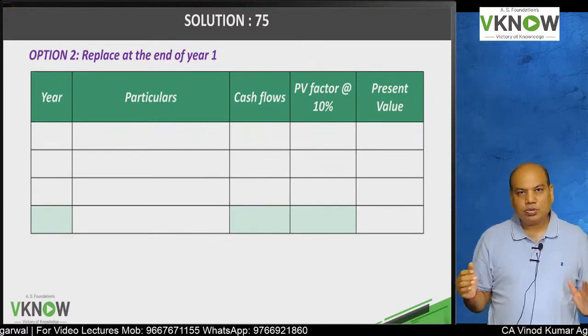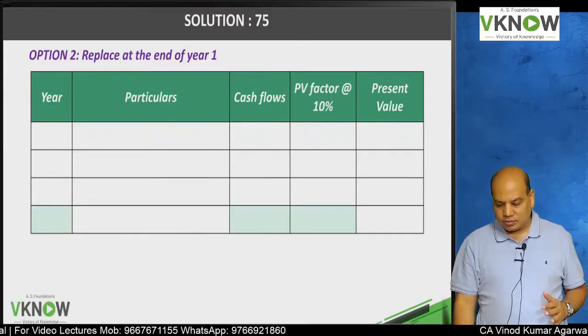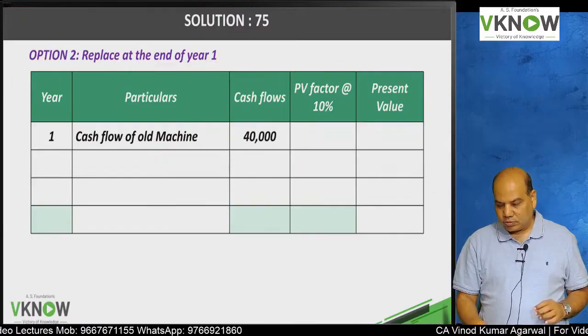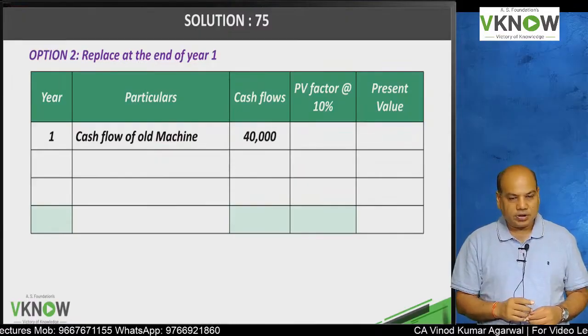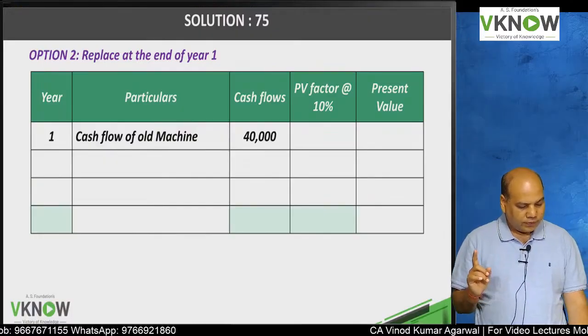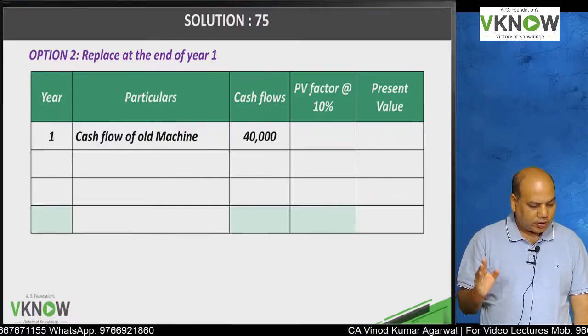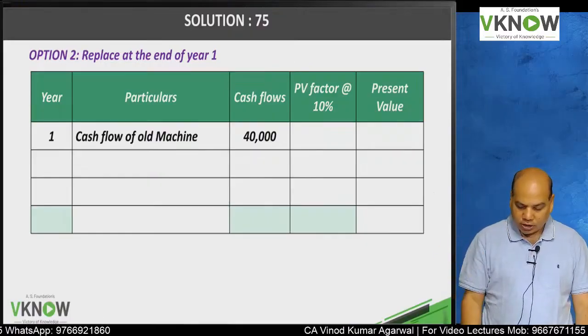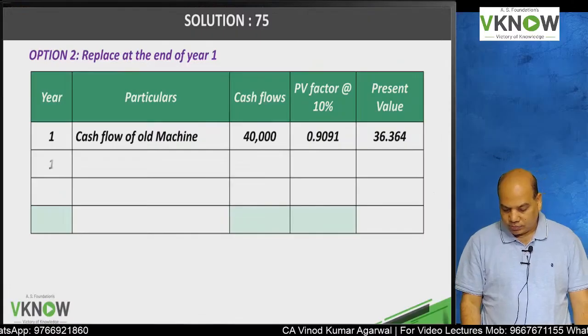If you use the old asset for 1 year, then cash flow will be 40,000. It is given in the question. Year 1 cash flow will be 40,000, and you can scrap it also.